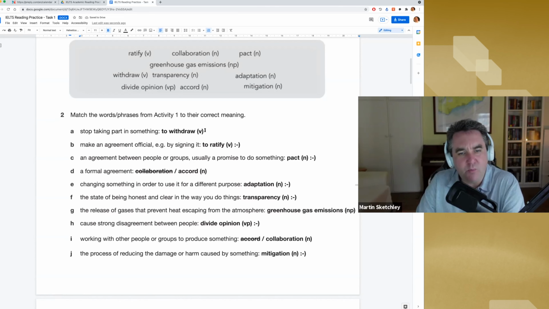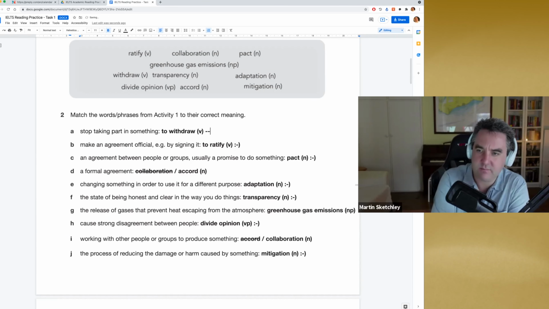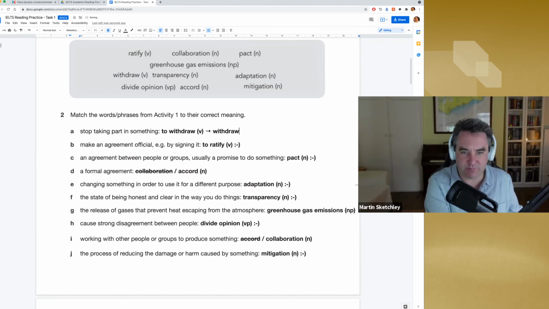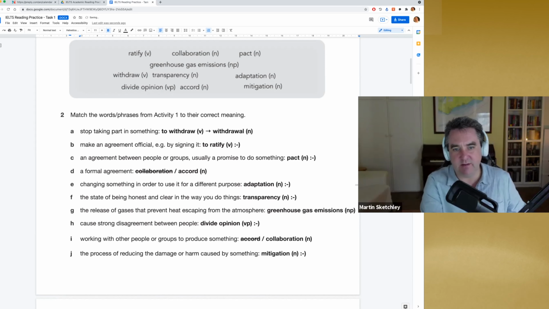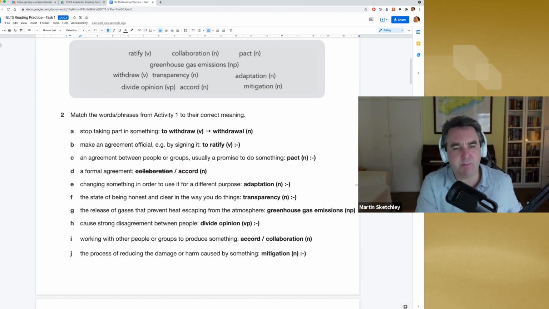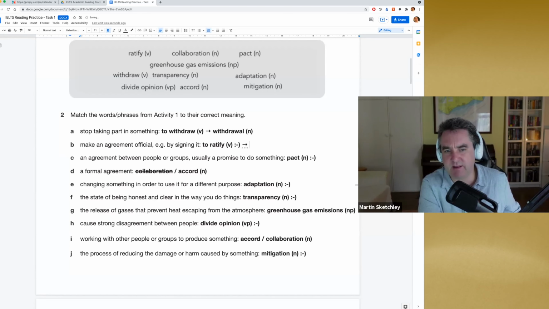Here we've got withdraw as a verb. Any idea what the noun would be? Withdraw. Yeah, good. Withdrawal. What about ratify? Can you think of any words related to that?